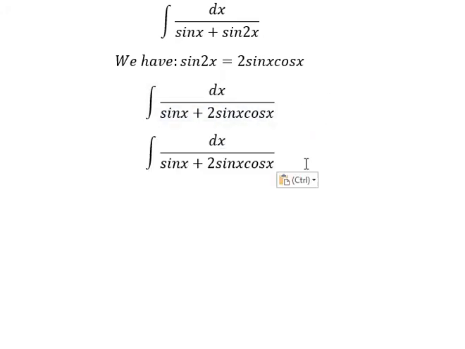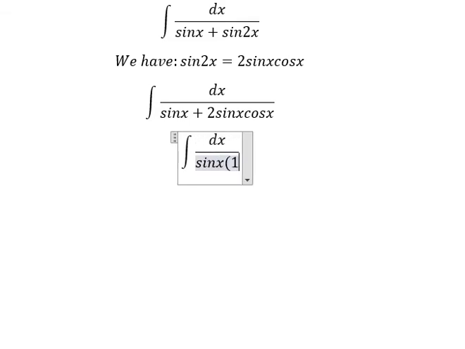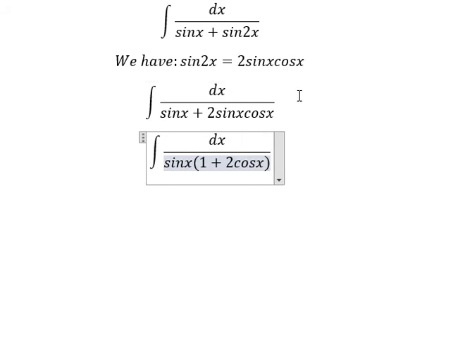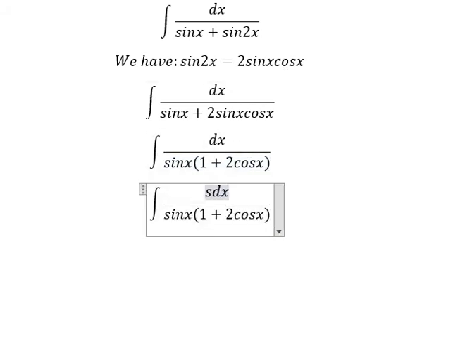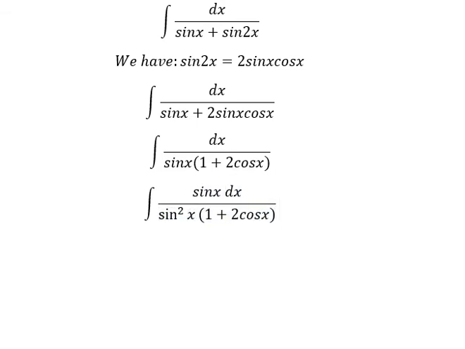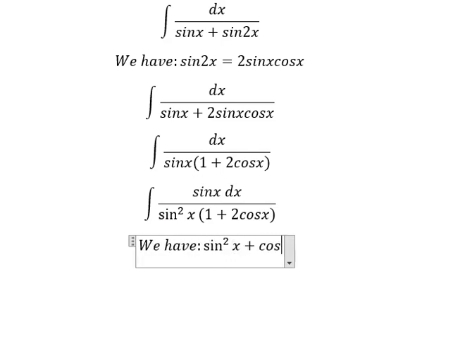Next, sin x we can do about factorization. Next, we multiply sin x on numerator and denominator. Next, we have sin x squared plus cosine x squared equals to number 1.